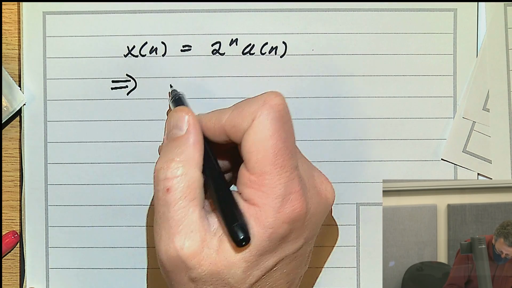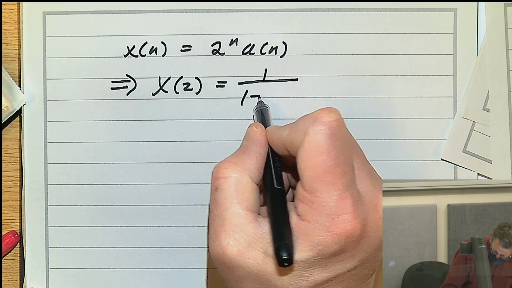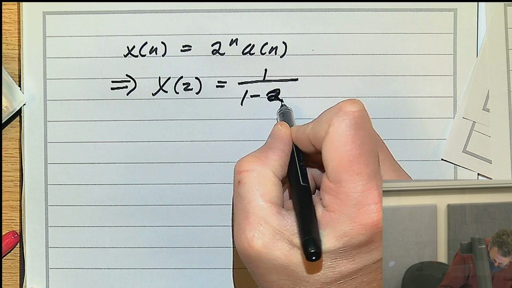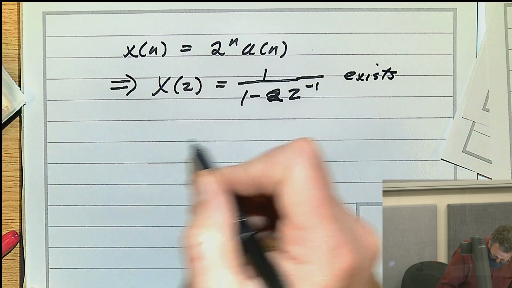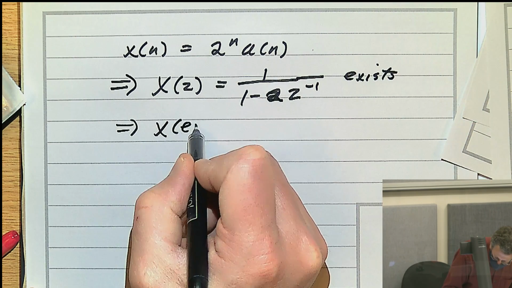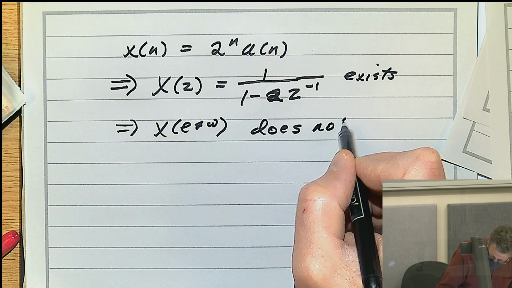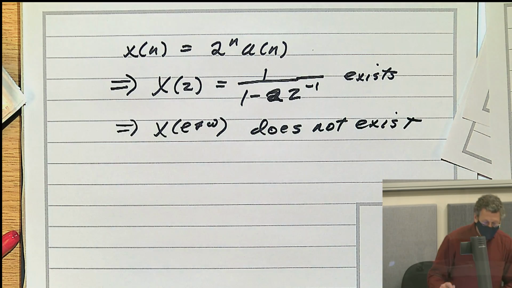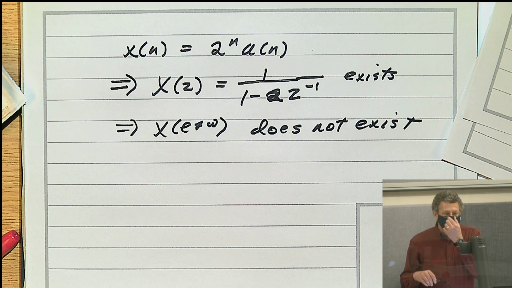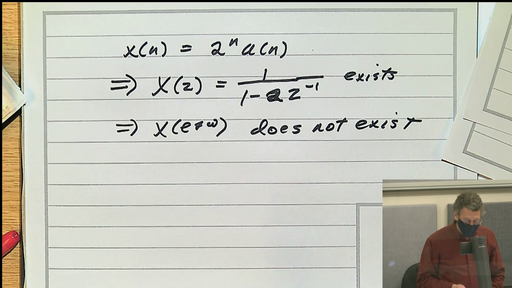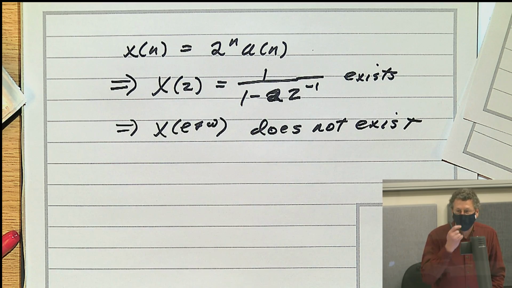This has X of z equals 1 over 1 minus 2 times z inverse, it exists, but X of e to the j omega does not exist. So the point is that you can take z transforms of things that you can't take DTFTs of. Sometimes you can take the z transform, but you can't take the DTFT. And in particular, for unstable signals, you can't take the discrete time Fourier transform, but you can take the z transform.